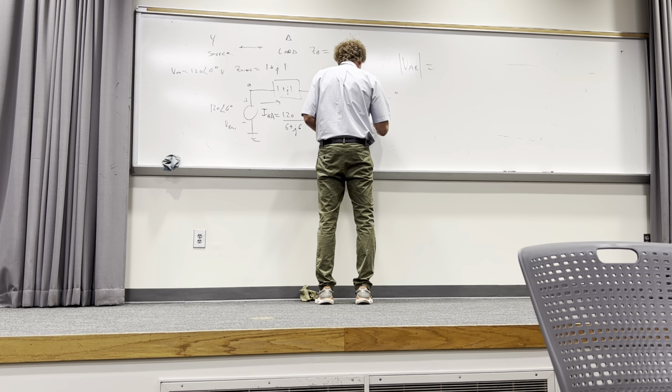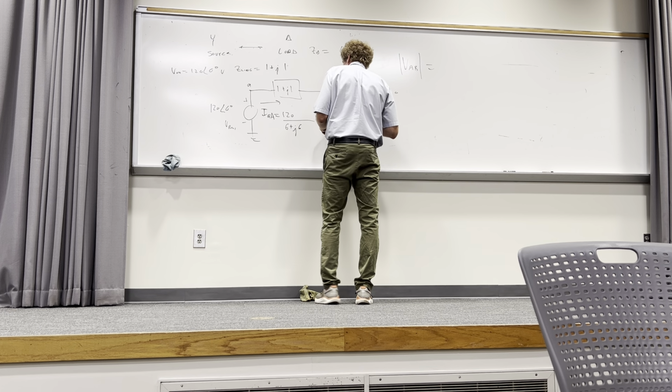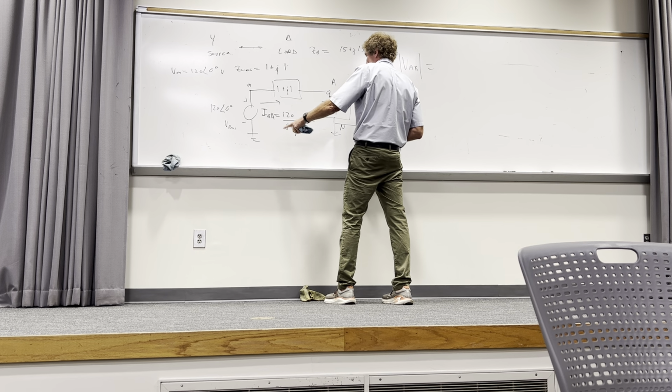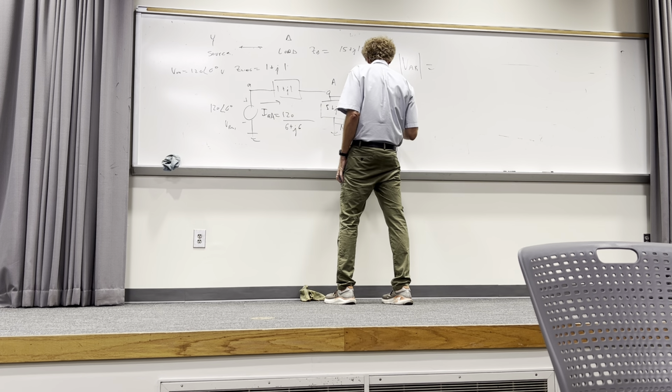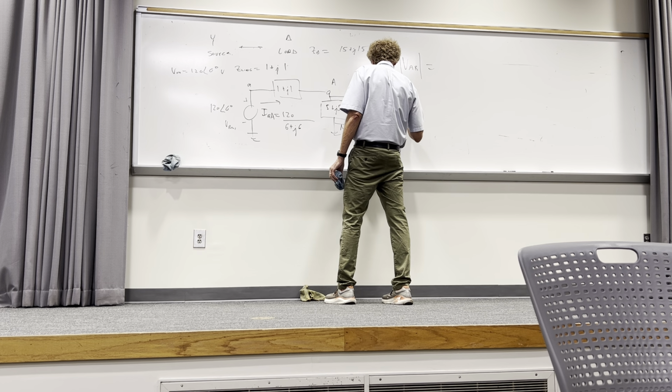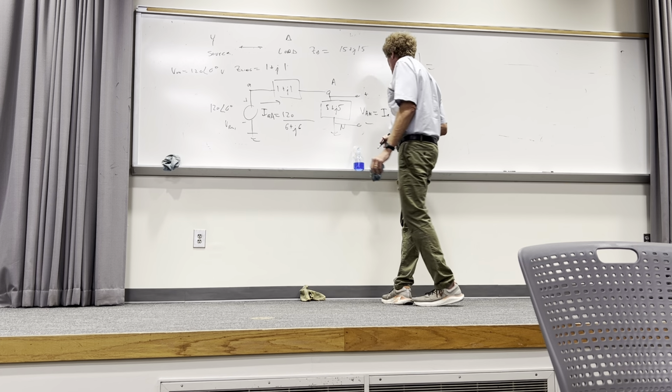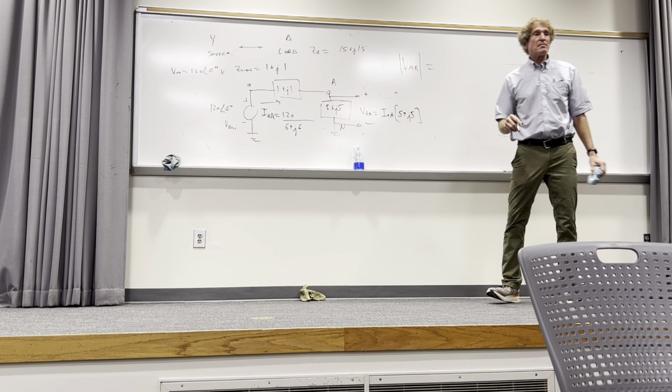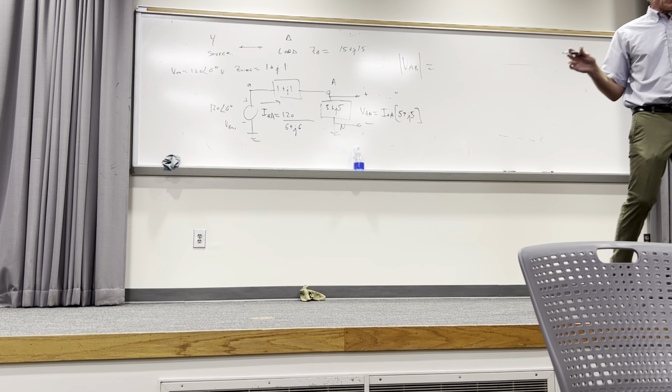You got to get plus or minus V capital A-N. And that's going to be basically that current. And I can do it this way. Just take I small a cap A times 5 plus J5. And I really don't care what that is, but you follow me. That's the math. It'll be a magnitude and angle. Everybody with me?